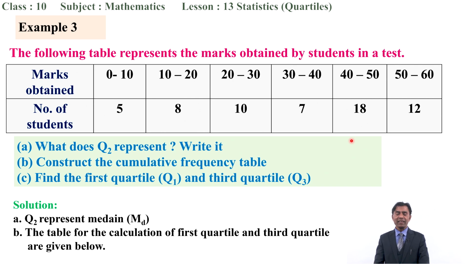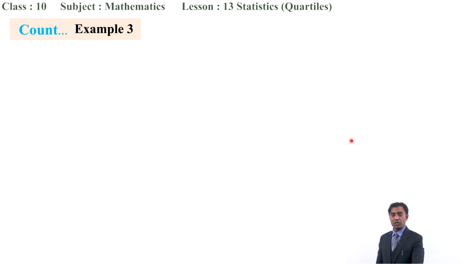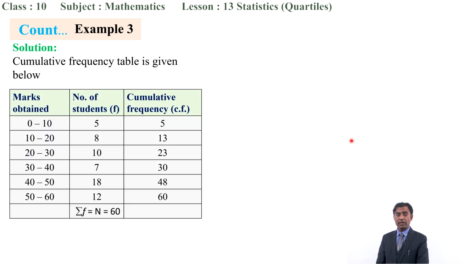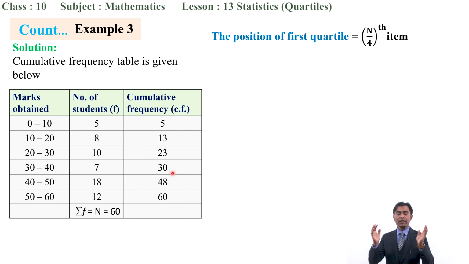Answer is this one. And second question, construct the cumulative frequency table, and the cumulative frequency table is given here. Look at the cumulative frequency table given here for the given continuous data, where CF is mentioned in the cumulative frequency column, and the total of the frequencies n is equal to 60. Then how to find Q1? It is the same as example 2.